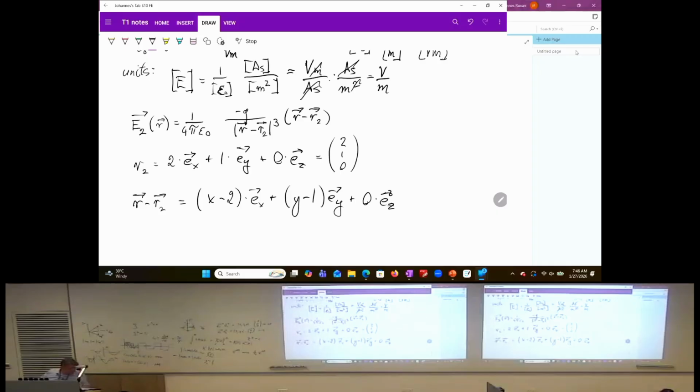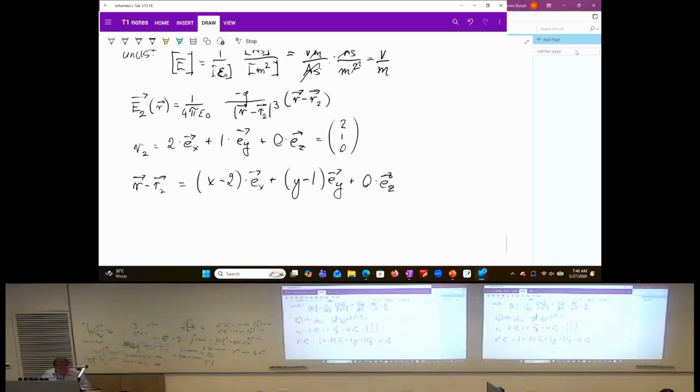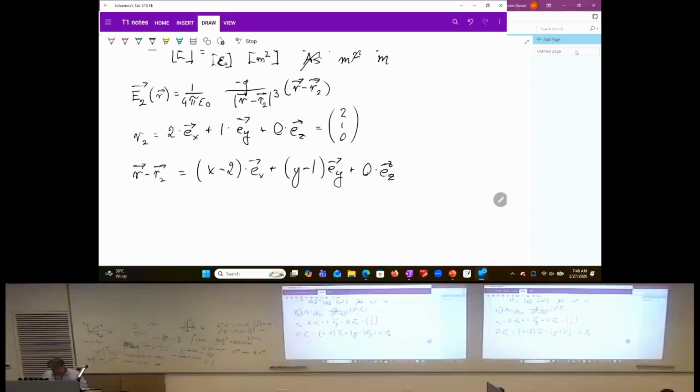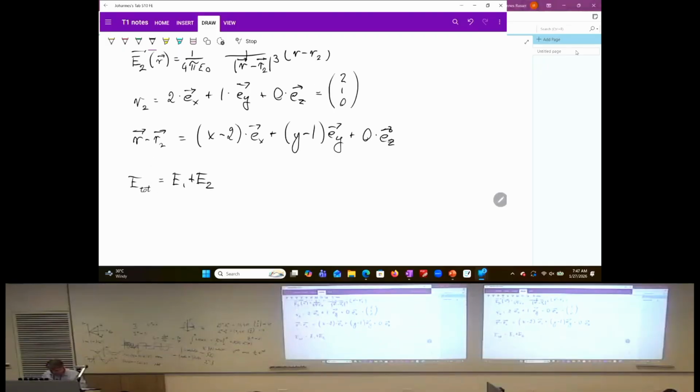And the question here was calculate the electric field. That is basically our total field. I call it E total, is E1 plus E2. And you see, we have seen that before, the superposition principle, as it is applied to the Coulomb force or also to the electric field. Let's add up these two contributions.